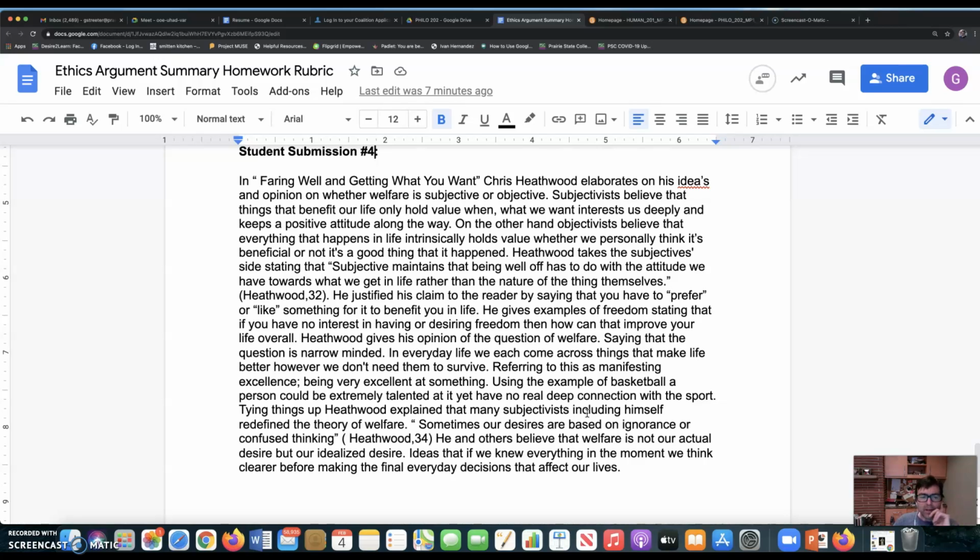Okay, saying that the question is narrow-minded. That's a kind of misreading. The question of welfare is more narrow than the question of the good. Heathwood thinks that there are ways of evaluating the goodness of a person's life that involve maybe more objective qualities like morality, right? Being moral might make your life more good, but it doesn't necessarily benefit you.